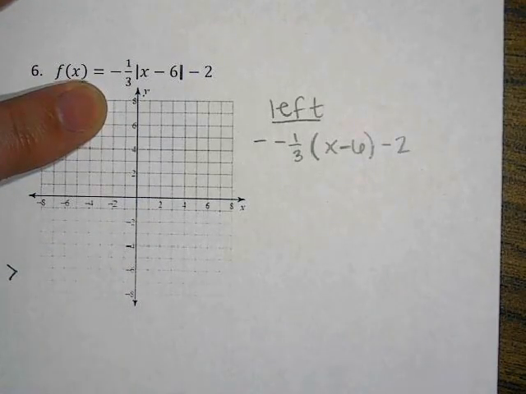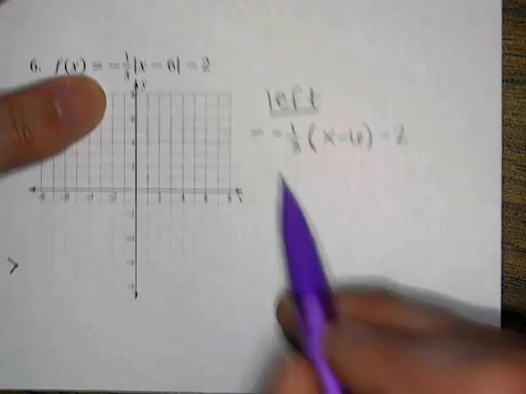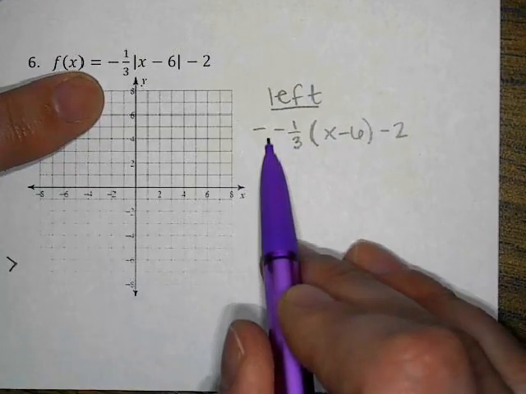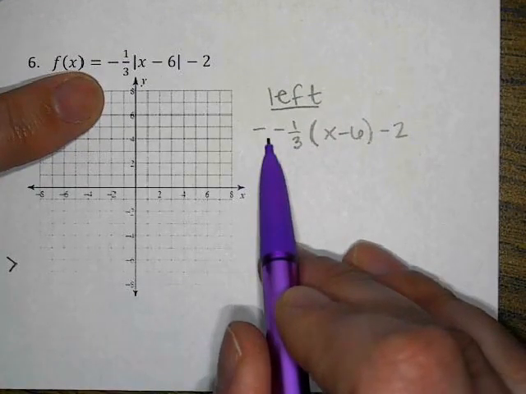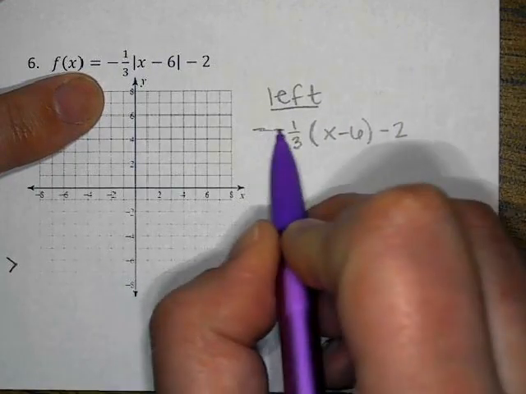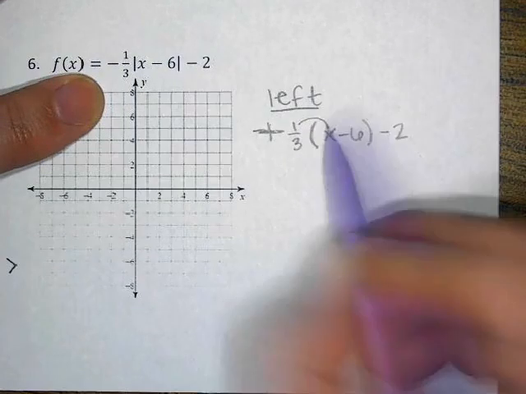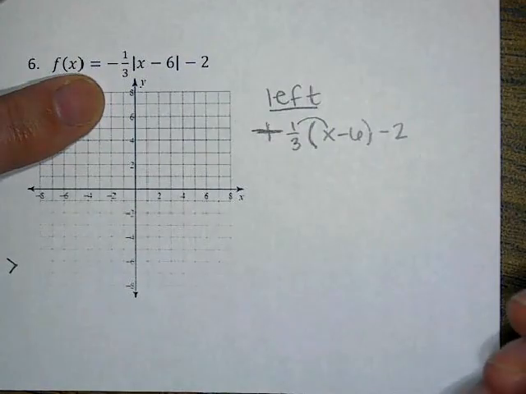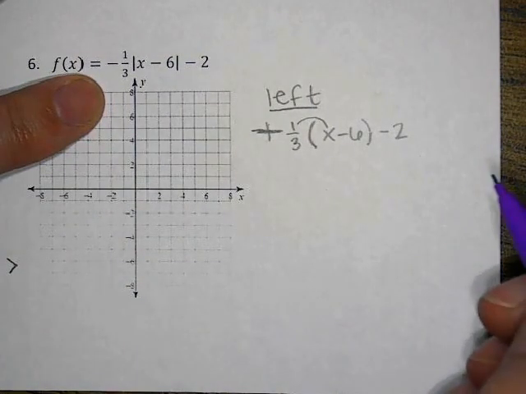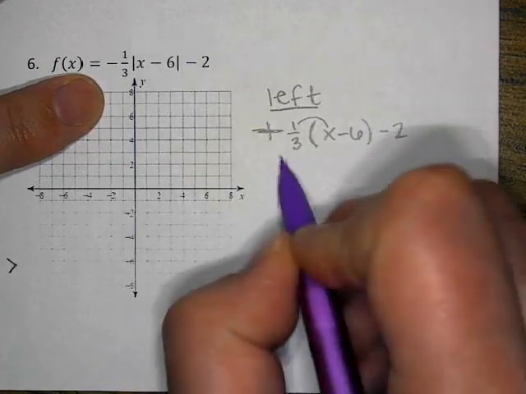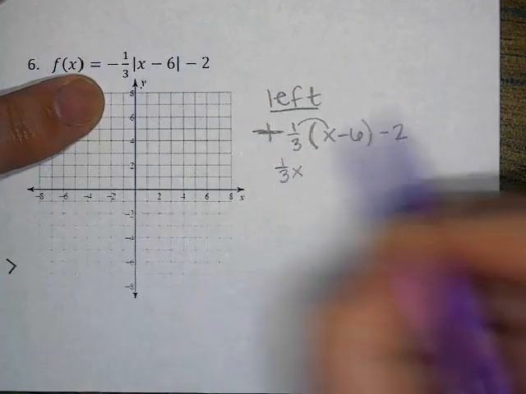And then what happens with the minus minus? Makes a positive. Okay, minus minus makes a positive. 1/3 times x, 1/3 x. Then 1/3 times -6.